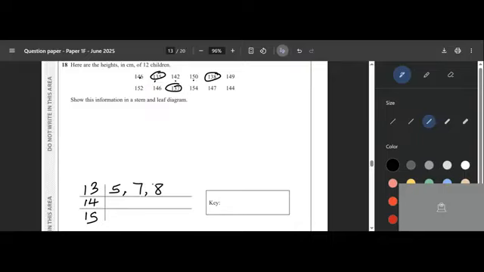8. Then we now go to 1, 4. 1, 4 we have 1, 2, 3, 4, 5, 6. So those 6, the smallest among the 6 is this one here, 42.